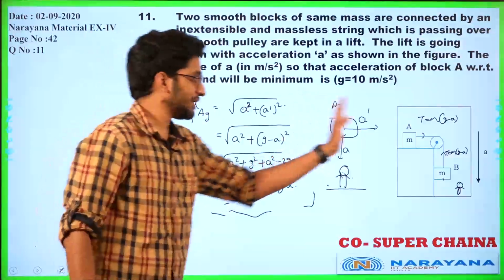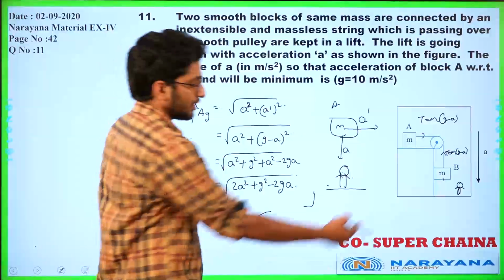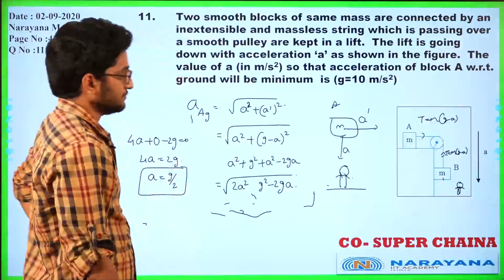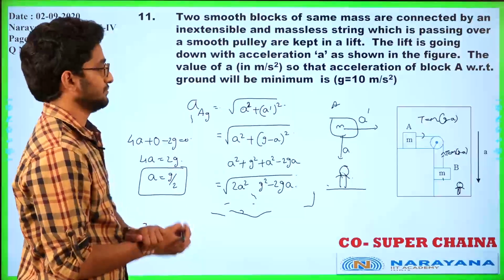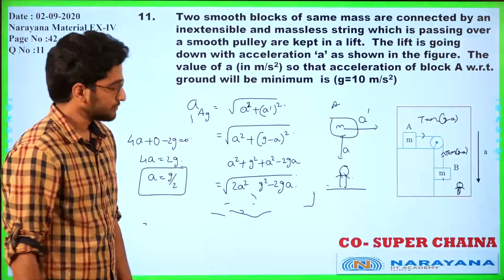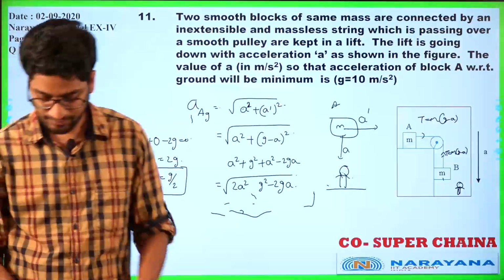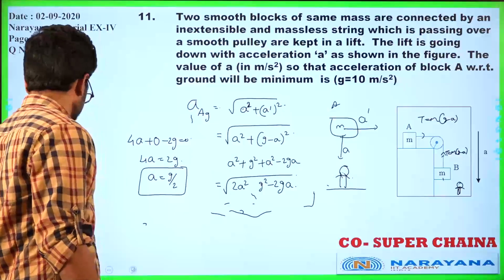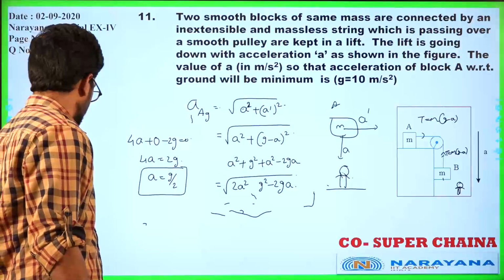So both feel the same way about the horizontal direction. And for him tension will become m into g minus a. So I hope that is clear. Moving to the next question.